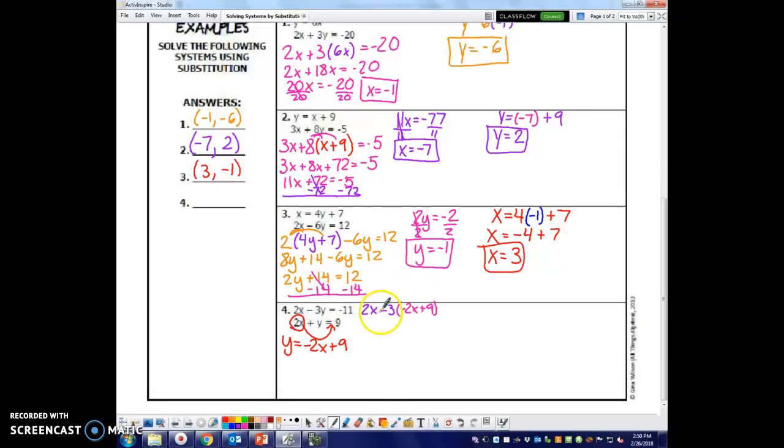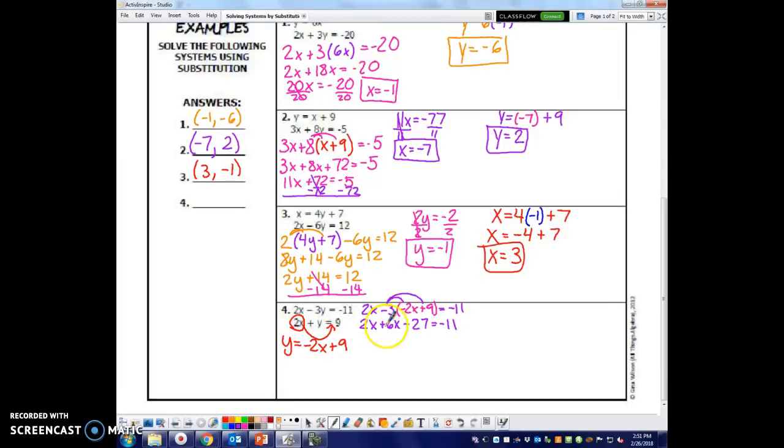So we have 2x minus 3y equals -11. Let's solve. 2x, -3 times -2x is positive 6x. -3 times 9 is -27 equals -11.